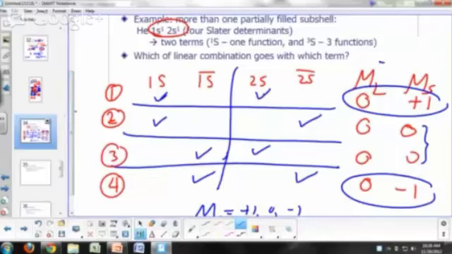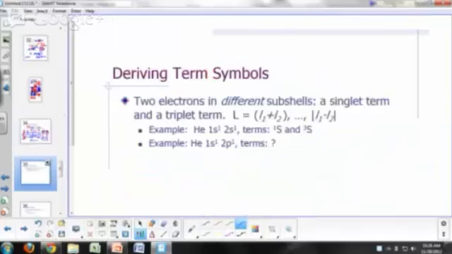So you're going to have function 1, function 4, and one of the linear combinations from 2 and 3 will form a triplet. That's your triplet S term. And the other linear combination from 2 and 3 will give you the singlet S. Okay? So that's how you would derive your terms.